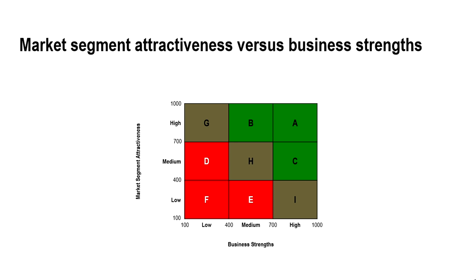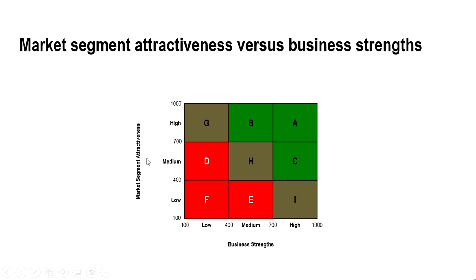In the analysis of how well we understand the segments that we have identified, also a process of good segment identification will be this chart which is now in front of you. Here, as you see, on the x axis or horizontal axis, we have business strength going from low to high, and on the y axis or vertical axis, we have market segment attractiveness.